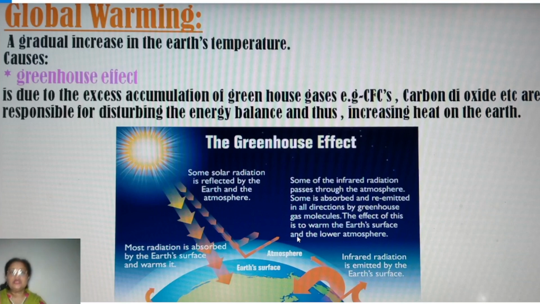This is how these greenhouse gases are able to increase the temperature of the lower atmosphere as well as the surrounding earth's surface. And this is totally caused by the greenhouse gases which are emitted by various human activities.